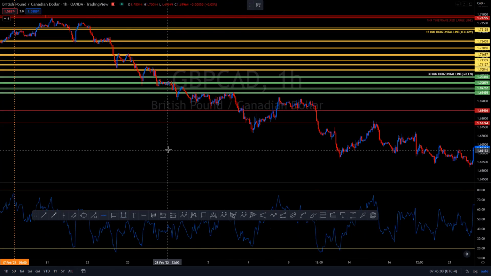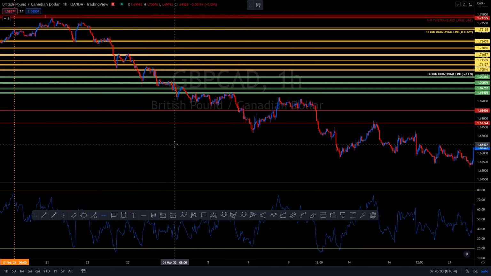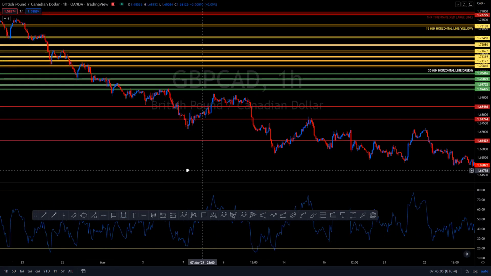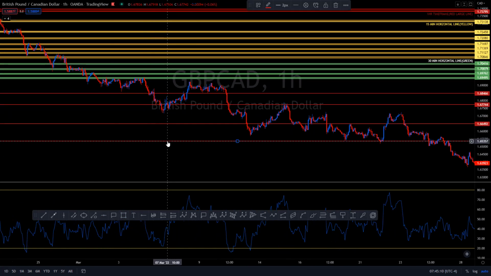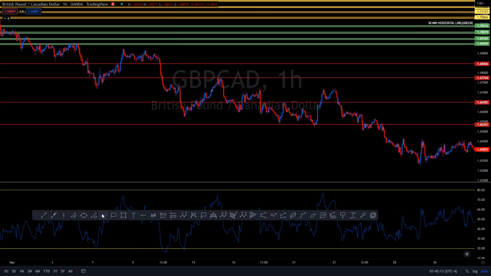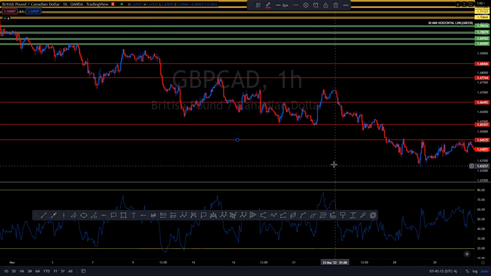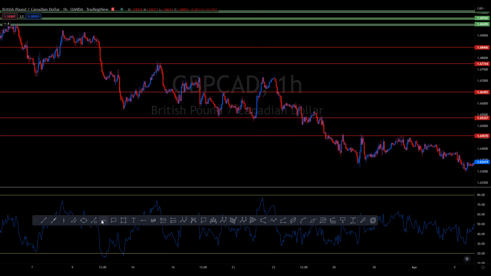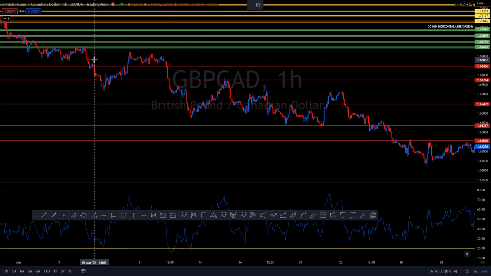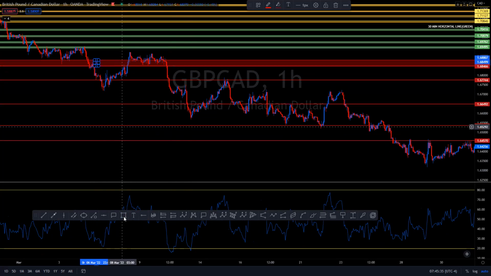Start marking up that. And, you know, I try to make these zones as perfect as possible. Just areas that I can see where price is really expecting, like up here, really respecting that area. Then I'm going to actually just mark up these zones here. Then I'm going to go to the 4-hour time frame.